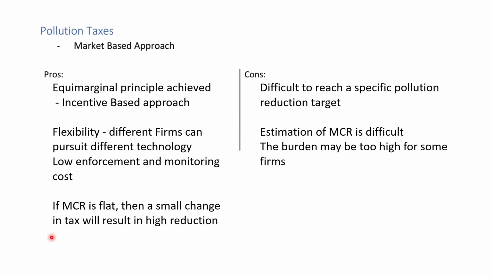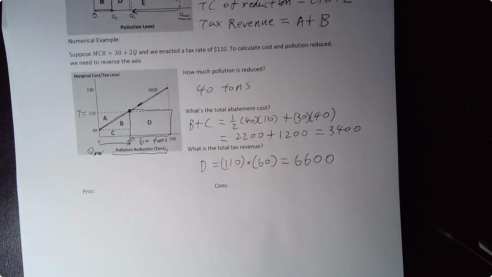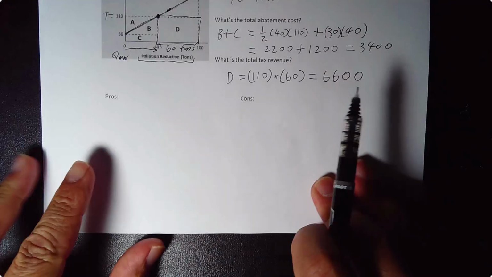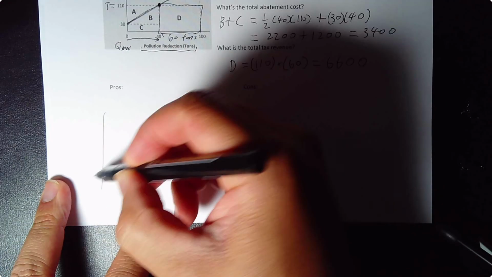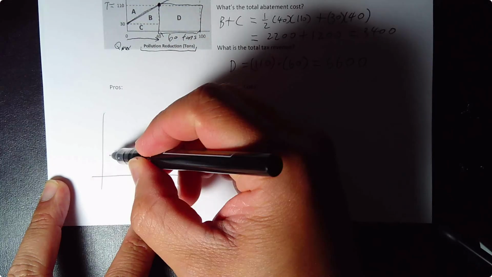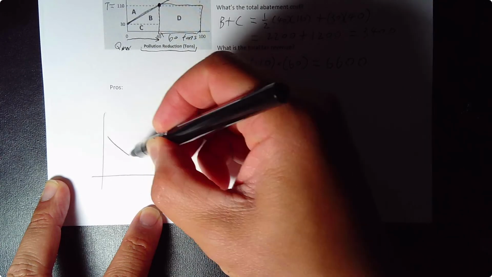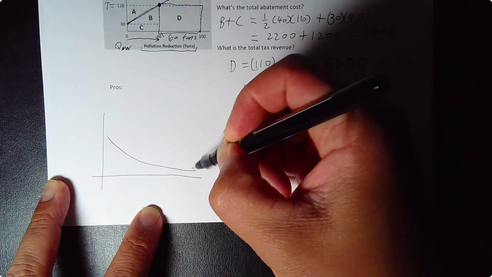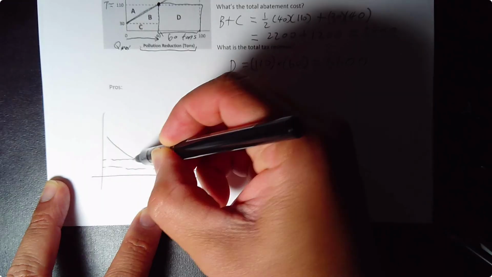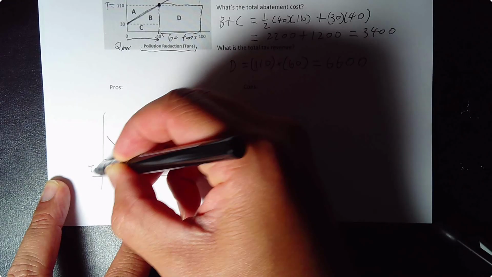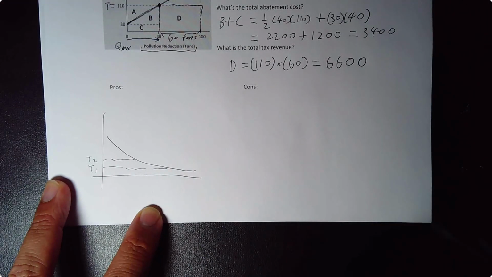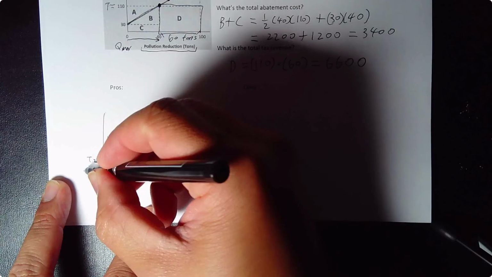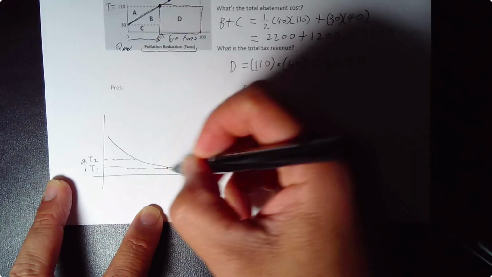Now, if the MCR is flat, then a small change in tax will result in a high reduction. What does this look like? For example, let's take an MCR that is relatively flat like this. If I have a small change in the tax rate from T1 to T2, the tax is slightly increasing, but the MCR is really flat.